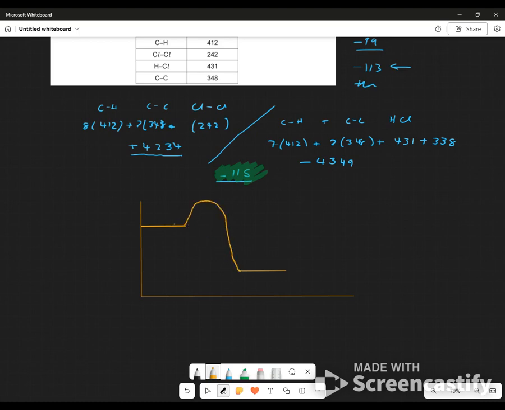The energy you would have to put in is 4234, and that's endothermic. The energy you get out is 4349, which is exothermic. And that means the energy difference, the delta H, is minus 115. Does that make sense now, Abiela, where these numbers come from? No? Yes? Good, well done.